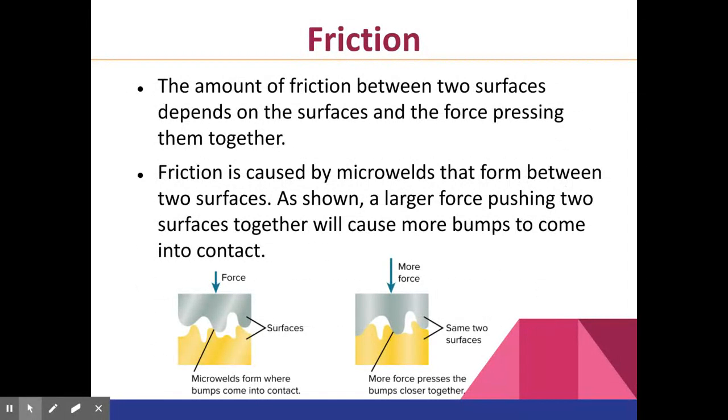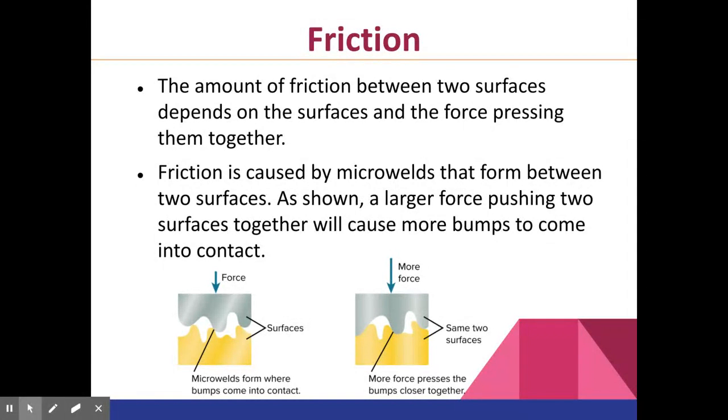Now, the amount of friction between two surfaces does depend upon what surfaces are in contact with one another. Smooth surfaces are just smoother. They don't have as many microscopic welds, or micro welds. They don't have like little teeth microscopically, or they're smaller than say something like an eraser.